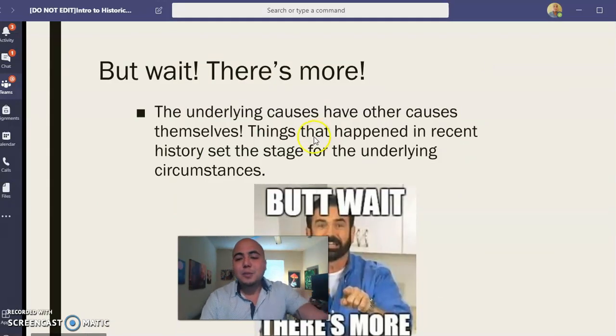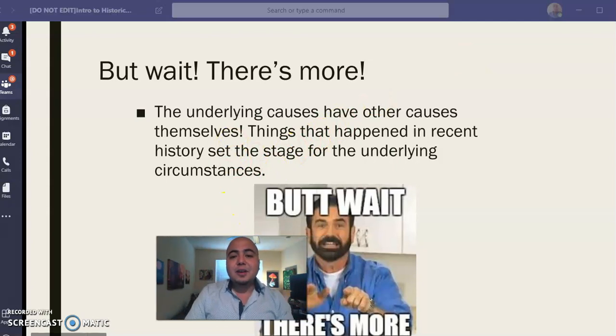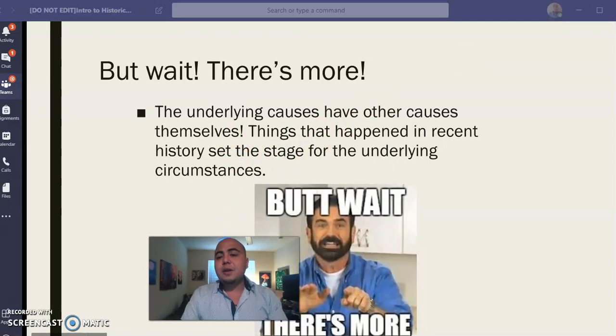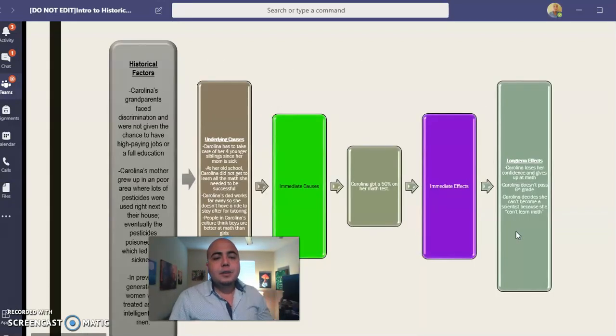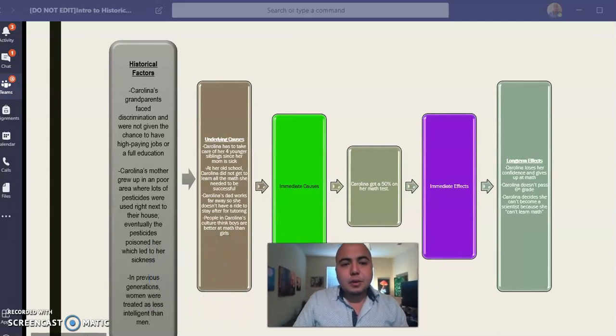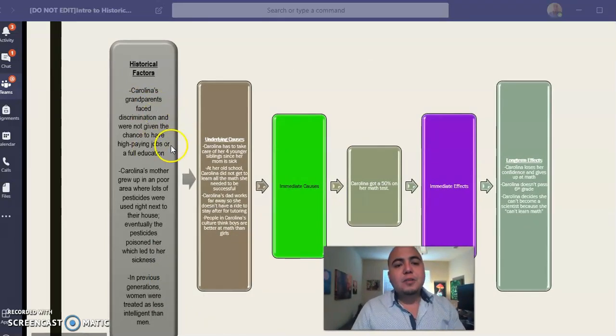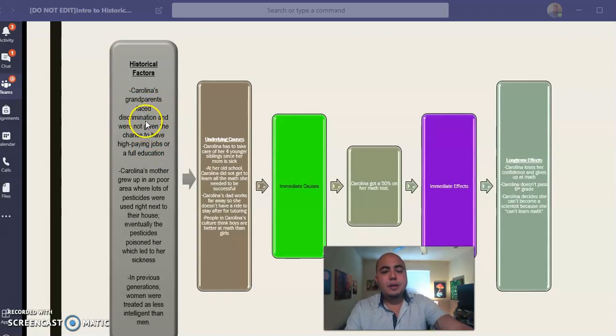Okay, and again, there's more. The underlying causes have other causes of themselves. This happened in recent history, and this sets the stage for underlying circumstances. All right, historical factors. Carolina's grandparents faced discrimination, and were not given the chance to have high-paying jobs or a full education.